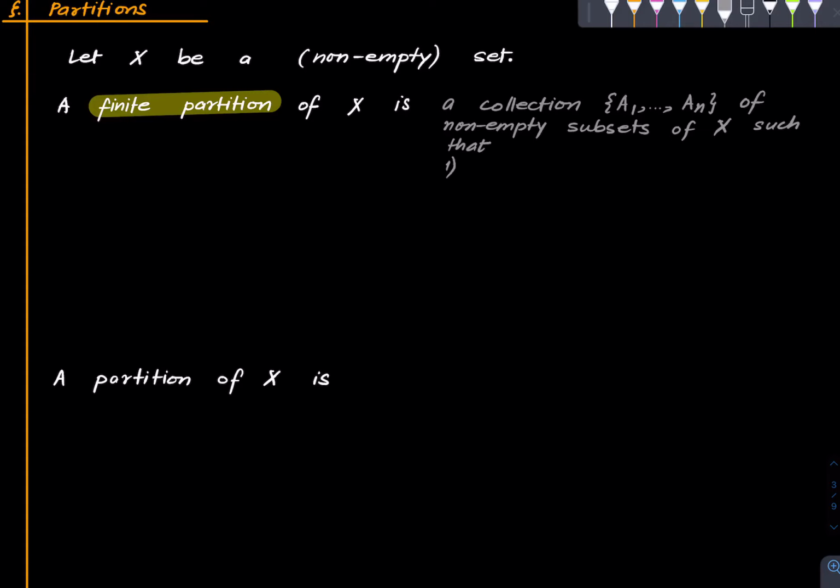First, the union of everything is X. And second, if you have two distinct things, then they are disjoint.